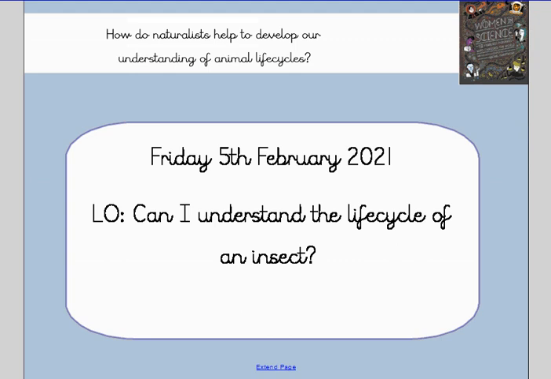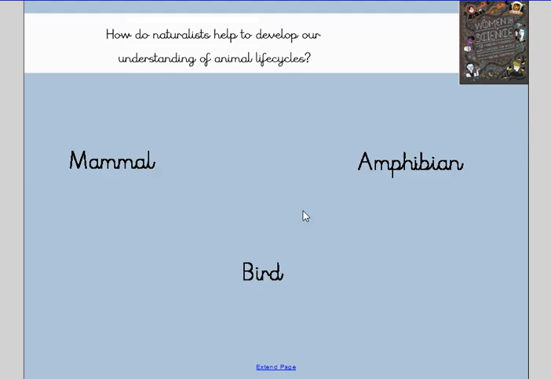Now, we've looked at a number of naturalists this week, and we are going to now be going back to looking at some life cycles and thinking about what we've learned so far around mammal, amphibian and bird life cycles. We've learned lots about these and we've compared the differences between each of these.